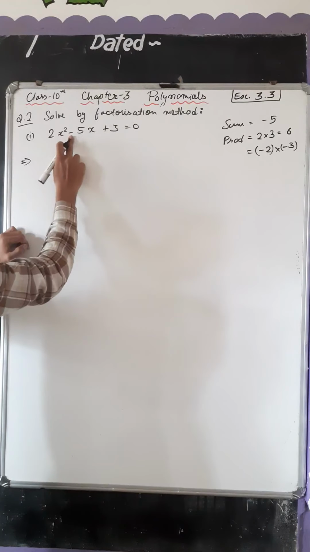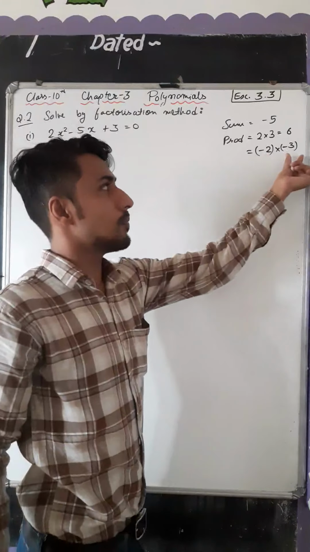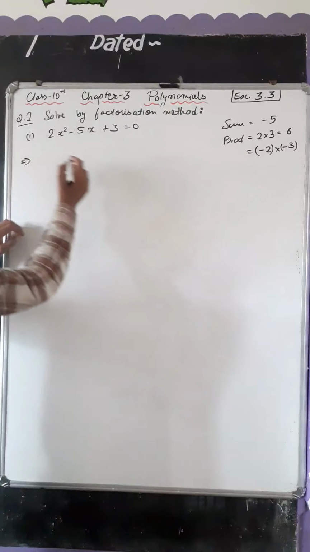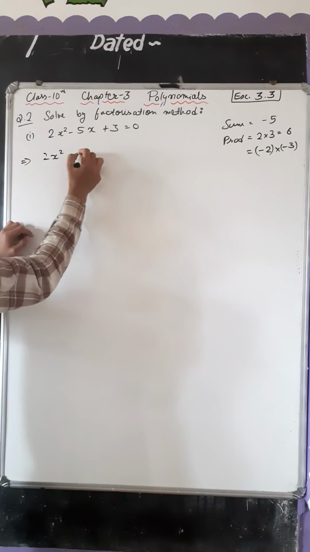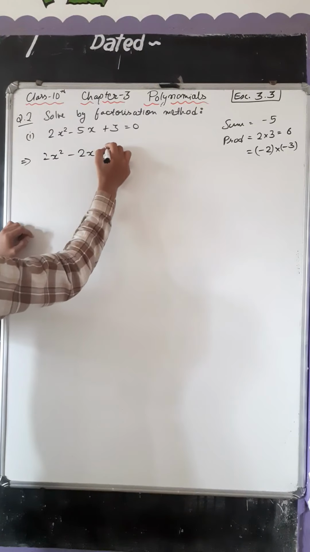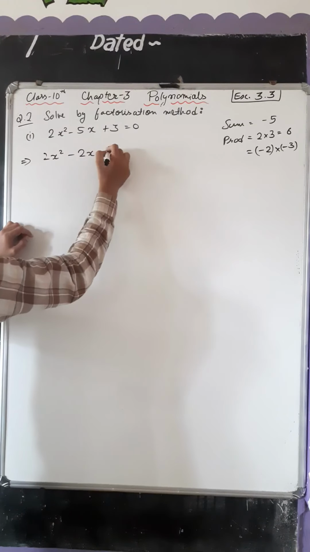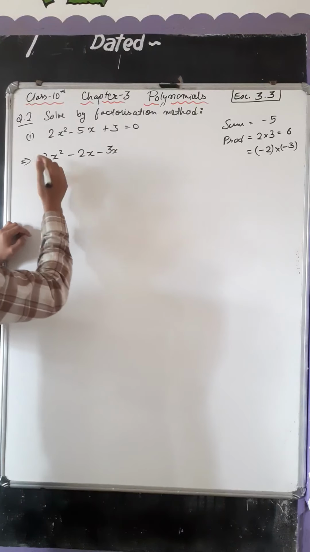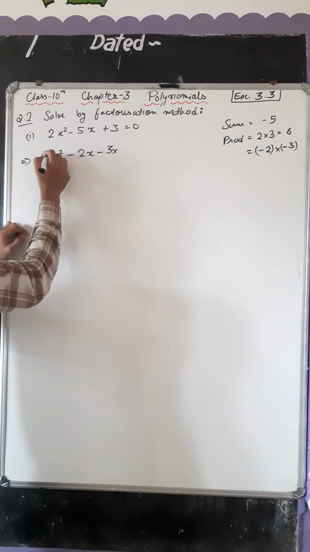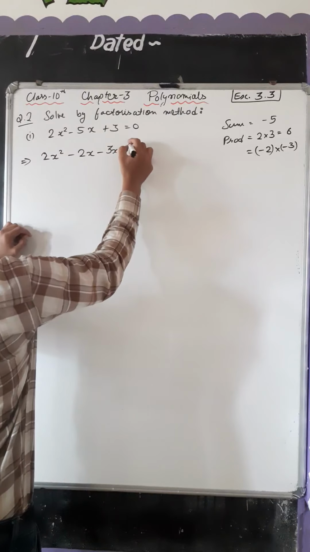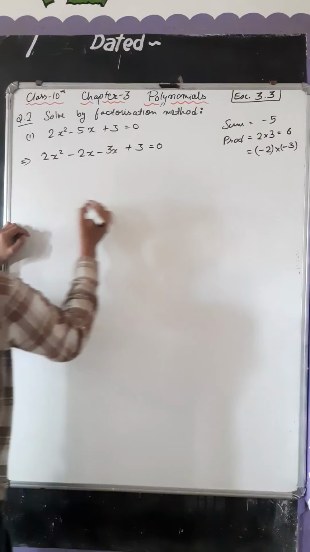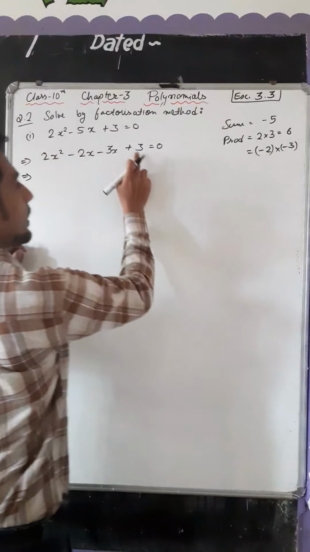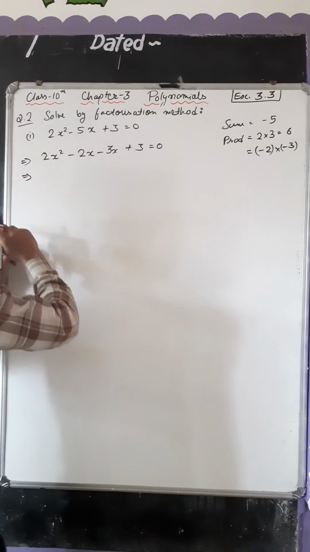Because we need minus 5, and minus 2 and minus 3 is equal to minus 5. So we will split this as minus 2x and minus 3x, and this will be equal to 0. How did the product 2 into 3 come? We multiplied this 3 and this 2, okay?